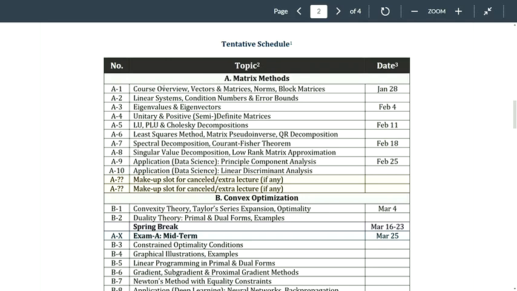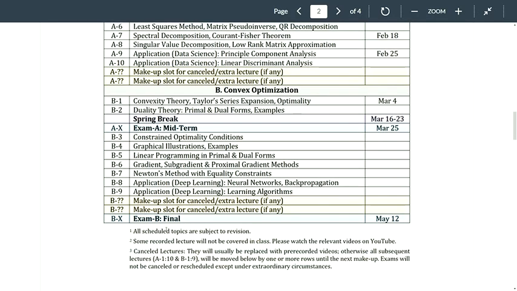There will be 10 lectures for matrix methods, which is the first section, and 9 for the next section. I plan to cover this much before the spring break.